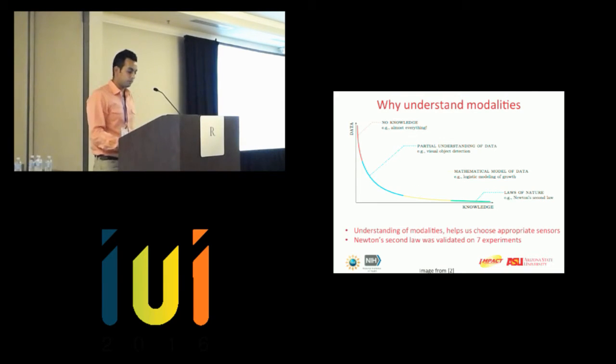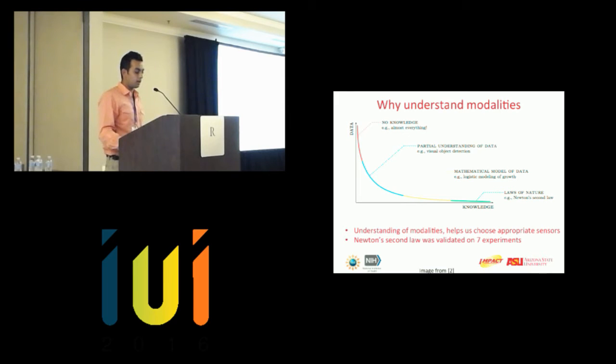So we focused on understanding sign language because understanding the modalities helped us choose appropriate sensors. This is a chart that demonstrates how important data is, but since we focused on making this platform usable and extensible, we only asked the user to train the system 3 to 5 times for each new sign.